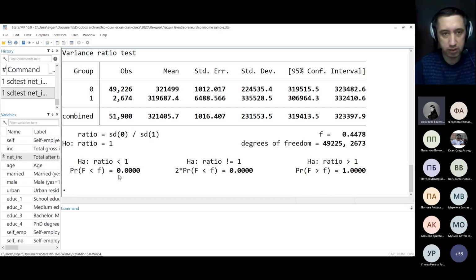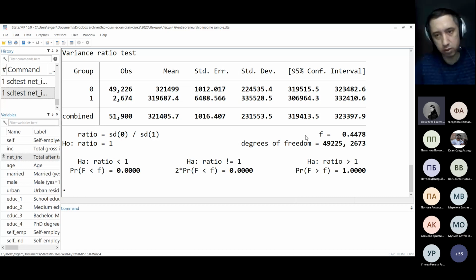It means that our test shows that this standard deviation is smaller than this standard deviation. Hence here again we should reject the null hypothesis. And that is the first way.